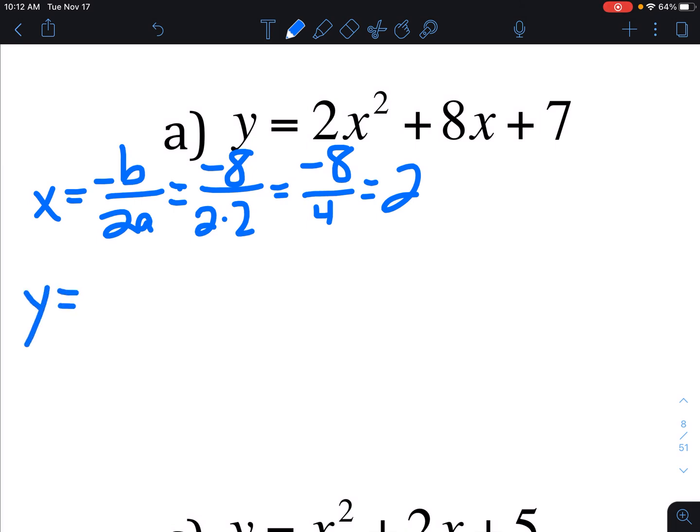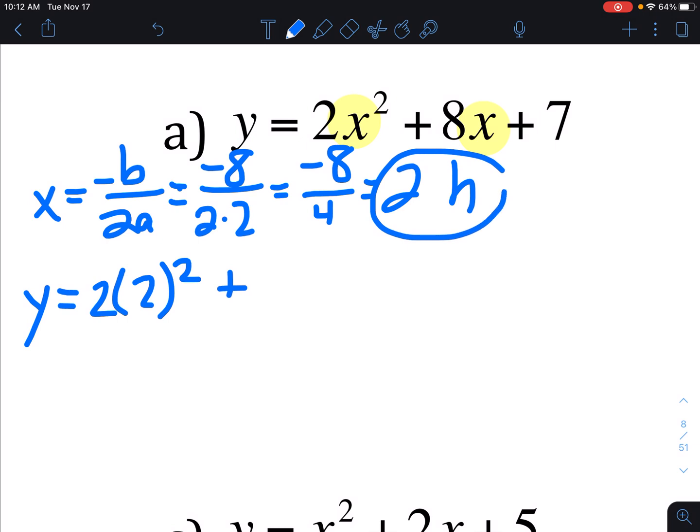So I'm going to take the 2 and plug it in for the x's into the formula and then use order of operations. By the way, this x that I just got, that's going to be the h in my formula. Now getting the y is going to be my k.